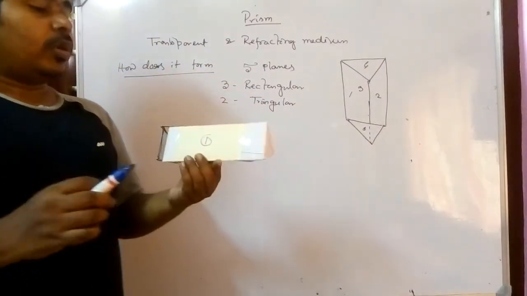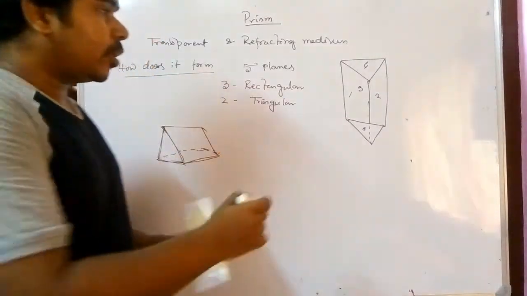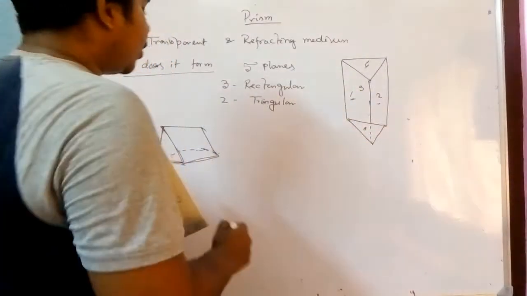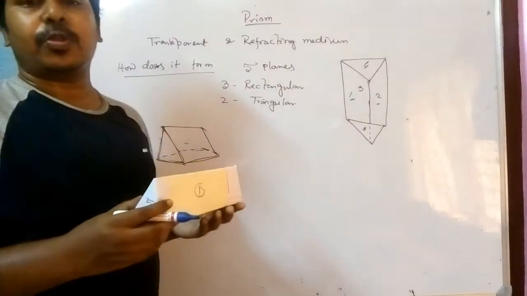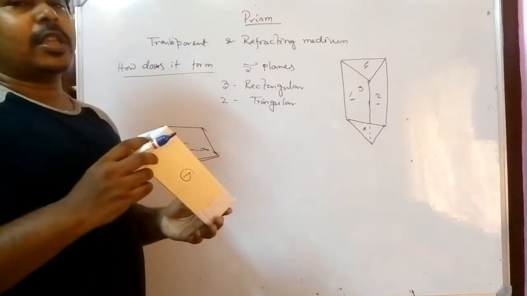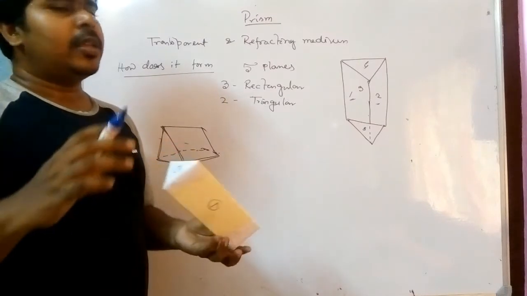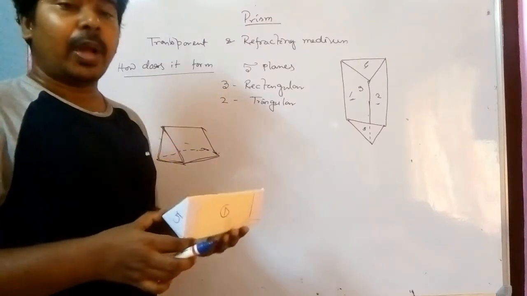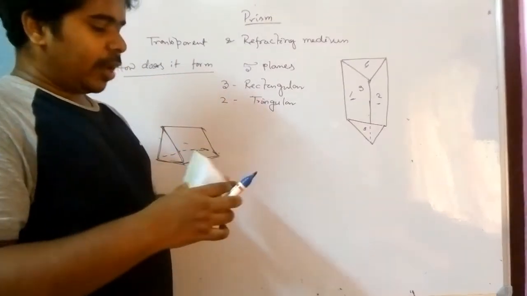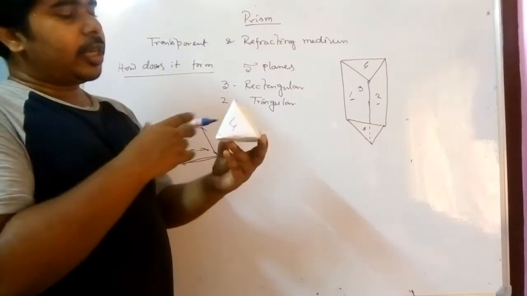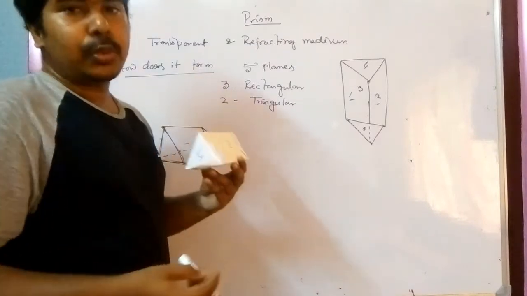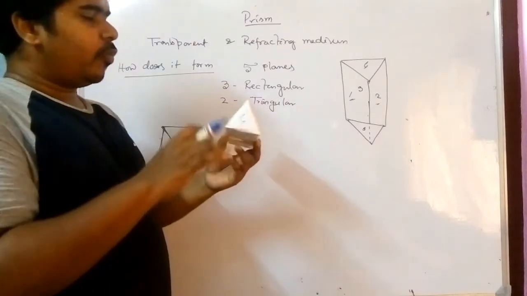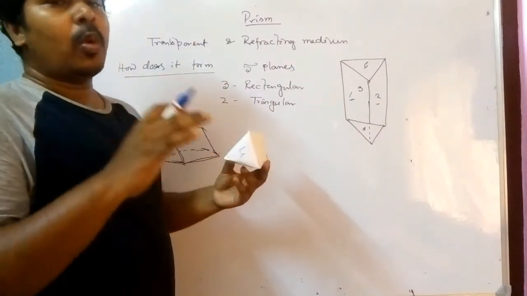So these two rectangular surfaces, 1 and 2, act as a transparent medium. The rest of the surfaces are opaque, so no light can pass through them. If light enters from surface 1 and goes to surface 2, that is the way a prism works.